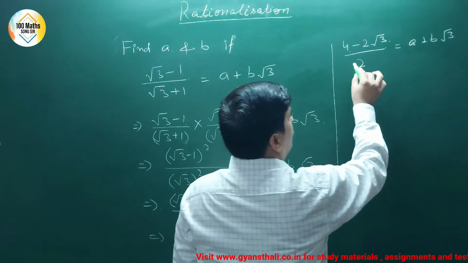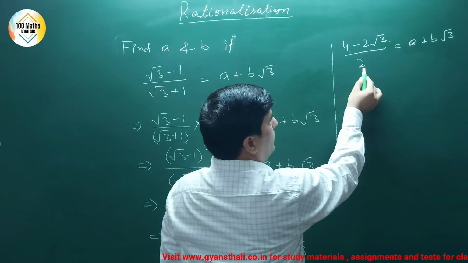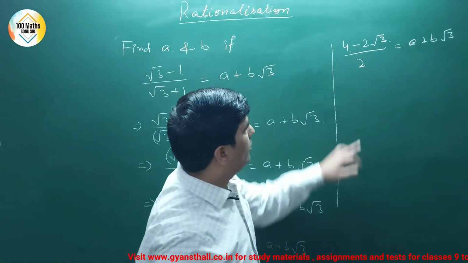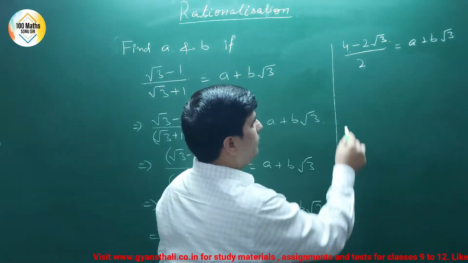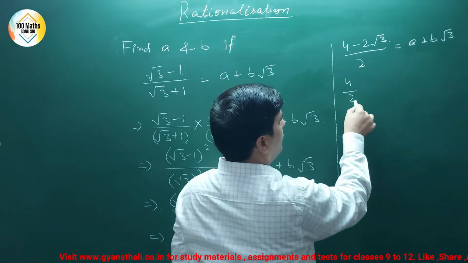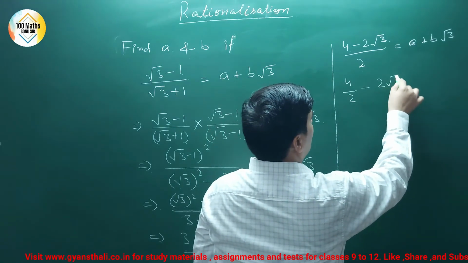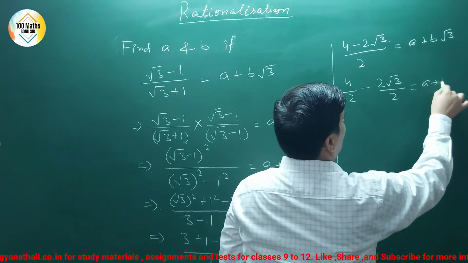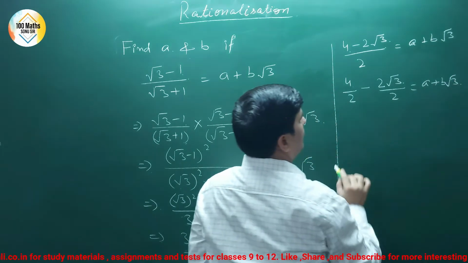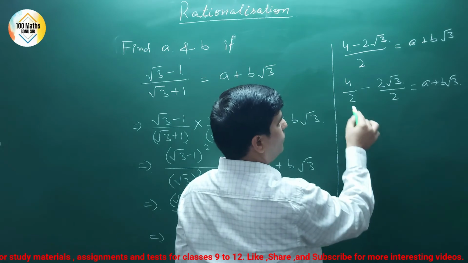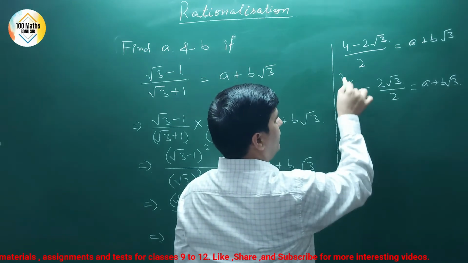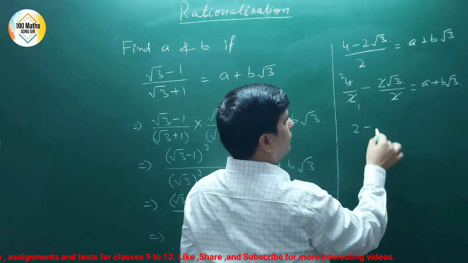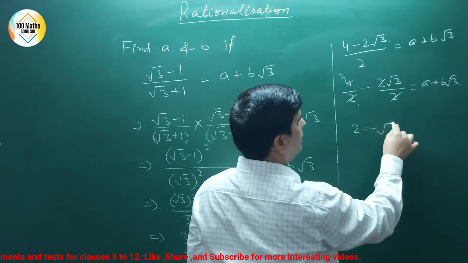Now if I write it separately in the denominator of 2, we can express it as 4 by 2 minus 2 root 3 by 2, and this expression is equal to a plus b root 3. Now look at this, 4 by 2 you can cancel, it is 2, and 2 root 3 by 2 will give root 3 only.